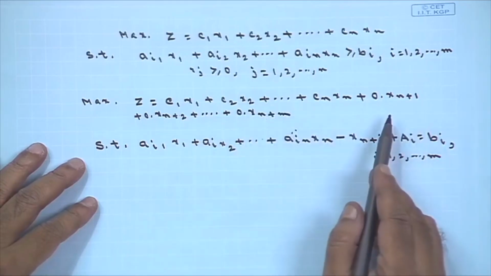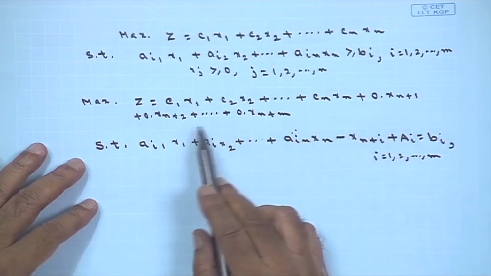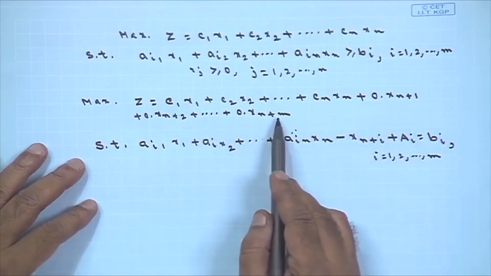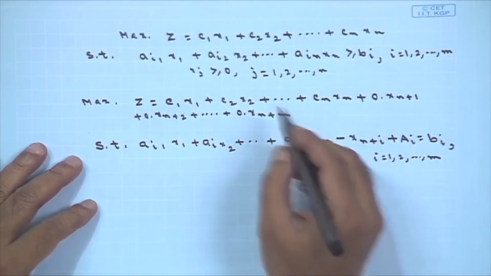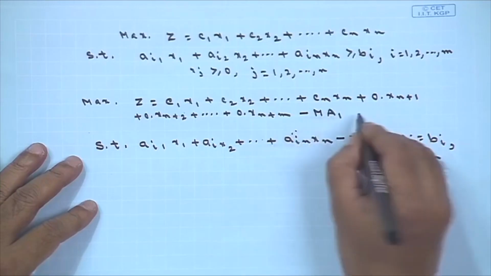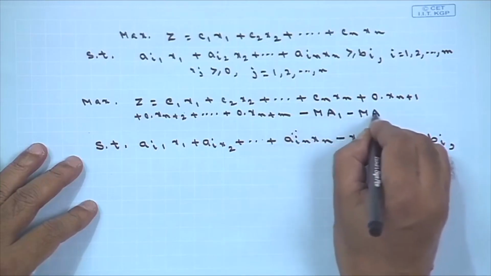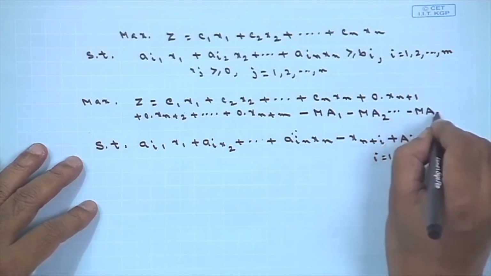These are the coefficients of the surplus variables. Please note this one. These are the coefficients of the surplus variables, which is 0 always, just like slack variables, and minus M into a1, minus M into a2, like this way, minus M into am.